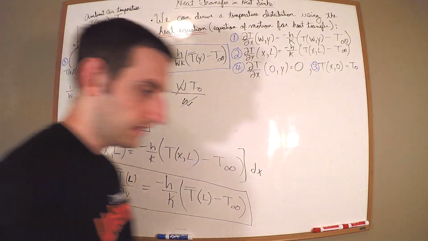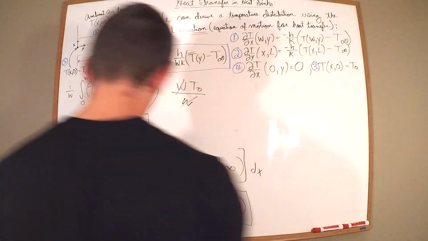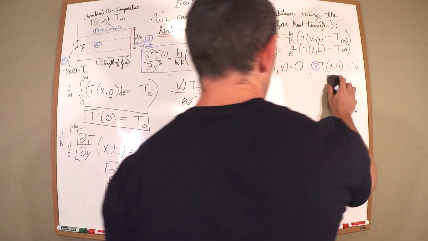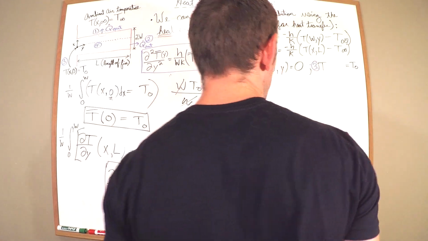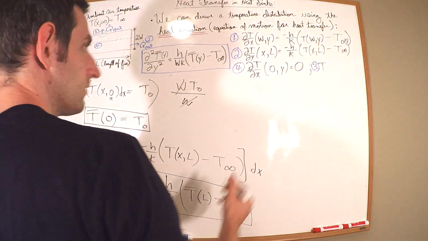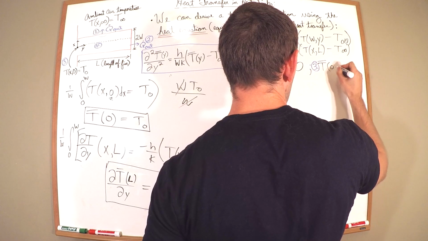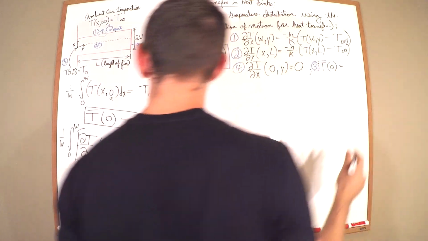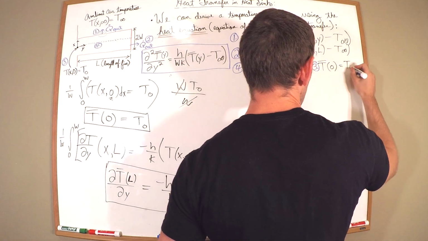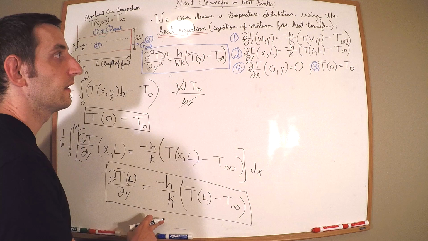So what I'm going to do is, just to record this for the future, we want to take these guys and write them right up here. So this becomes literally the average temperature at y equal to 0 is equal to T naught. And this guy was number 2.